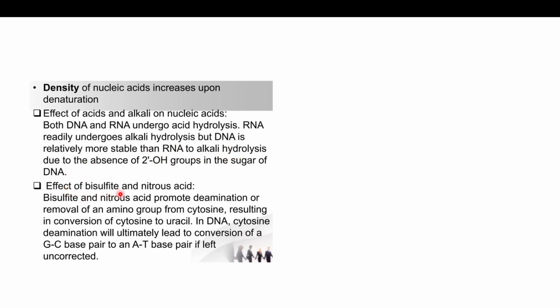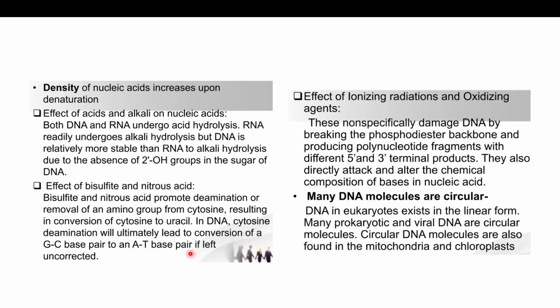If we talk about the effect of bisulfite and nitrous acid, bisulfite and nitrous acid promote deamination, or removal of an amino group, from cytosine, resulting in the conversion of cytosine to uracil. In DNA, cytosine deamination will ultimately lead to conversion of a GC base pair to an AT base pair if left uncorrected.